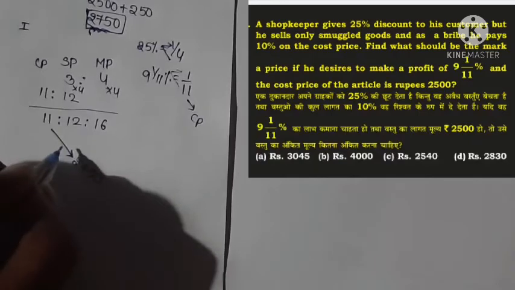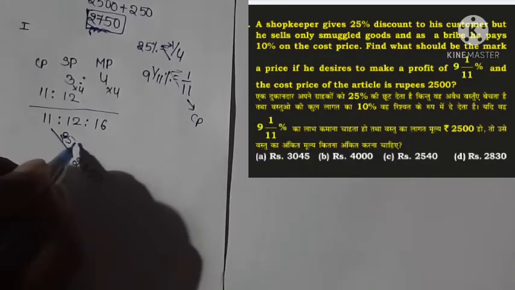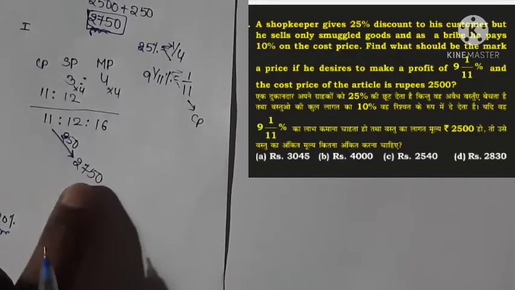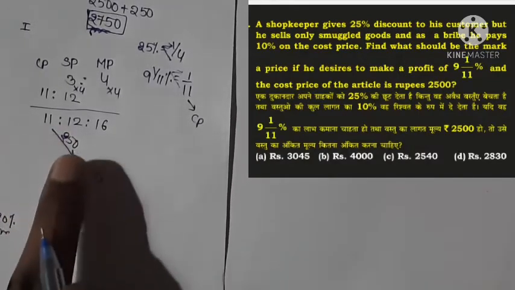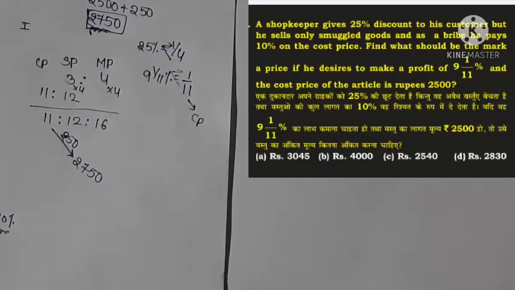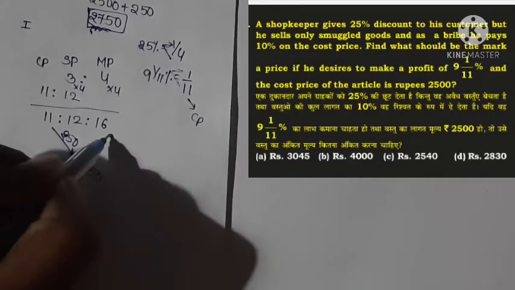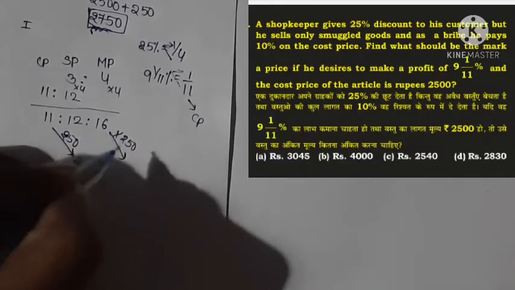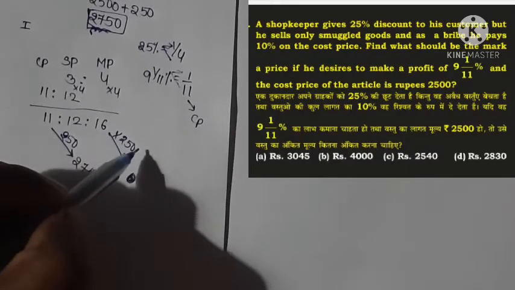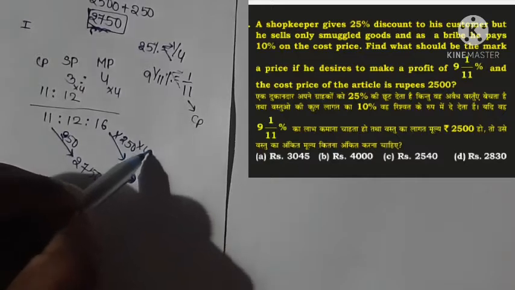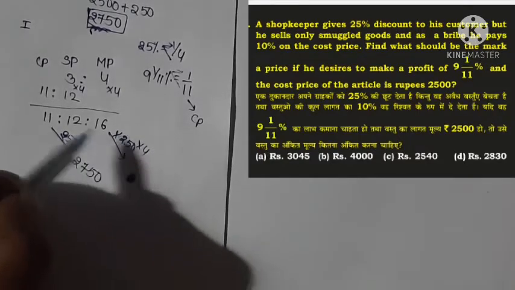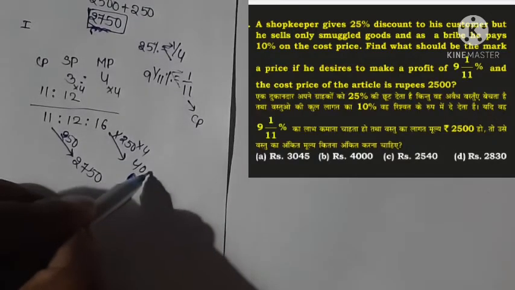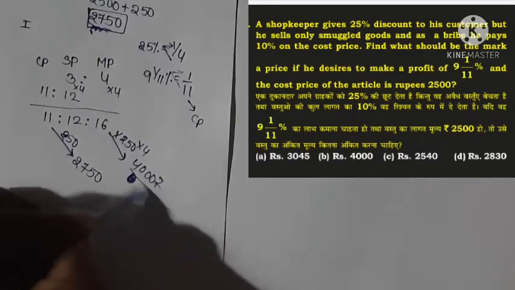So 1 unit represents 250, 2750 by 11, the value is 250. So 16 units represent 16 into 250. We can multiply 4 into 1000, the value is 4000 rupees.